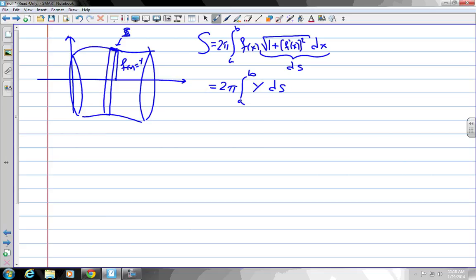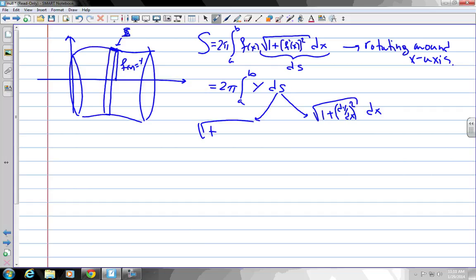This part is going to be a little confusing for now, but this would be the surface area of rotating around the x-axis. But again, you can do ds as the square root of 1 plus dy dx squared, dx, or as the square root of 1 plus dx dy squared, dy.